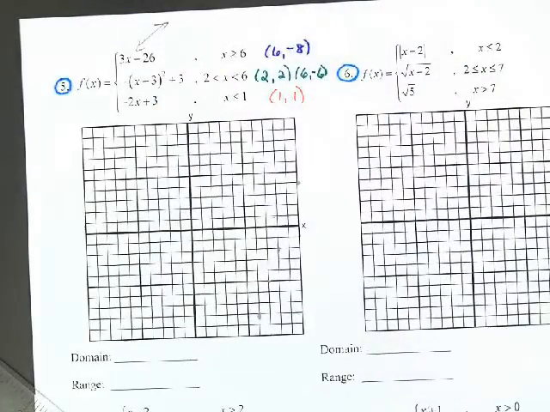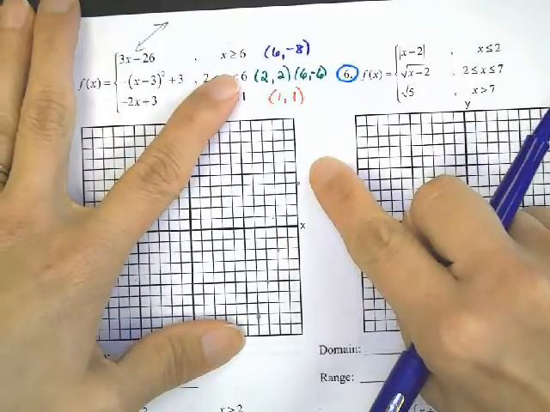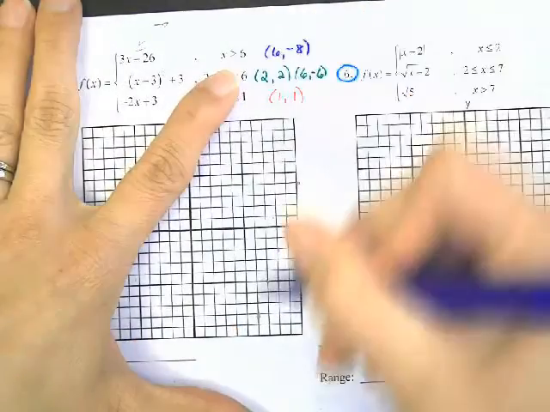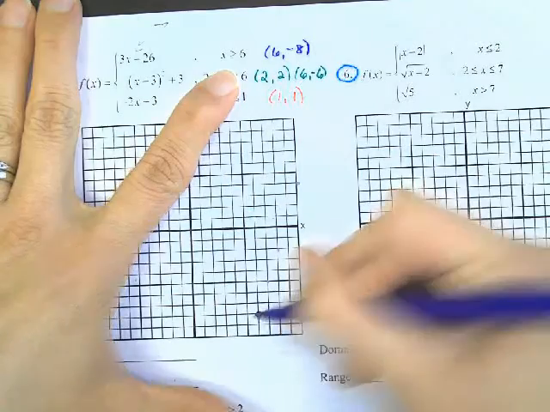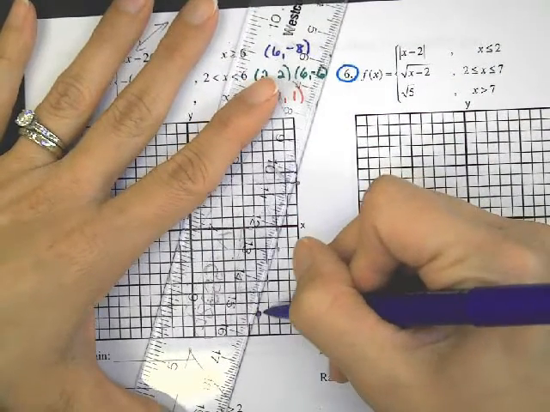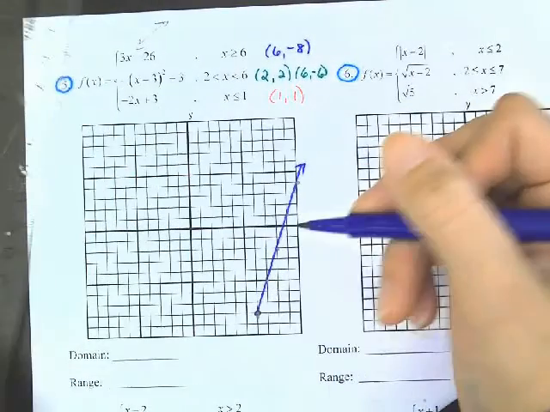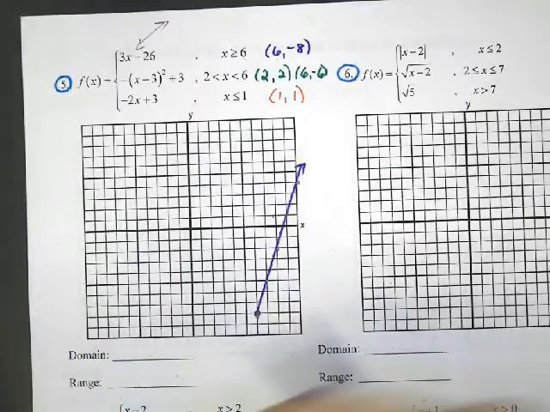So I'm going to be needing 6 and on to the right anyway. So if I plug in 6, that's going to be a closed point right there. So maybe you're even getting as good as this too, and you're only graphing the piece that you need and not even having to erase the other half.